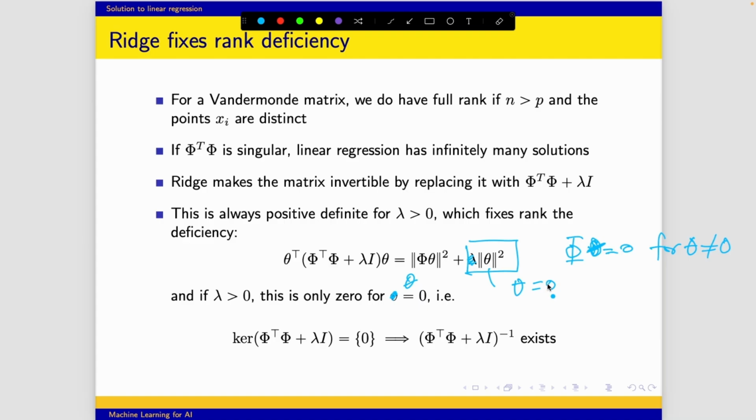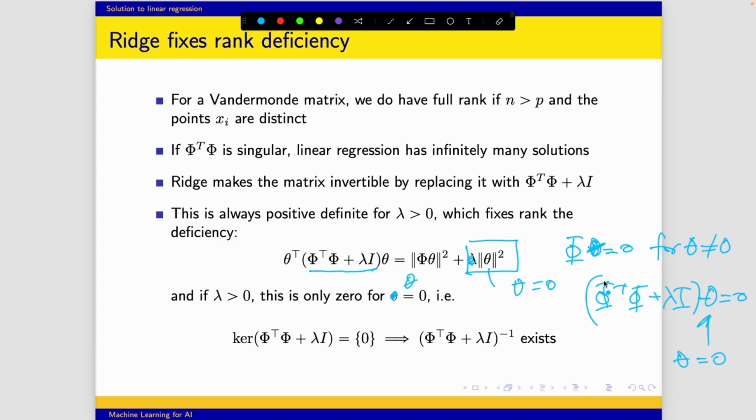And so what do we conclude? Well, we conclude that the kernel of this matrix is the 0 vector. That's the only vector, theta equals 0, such that phi transpose phi plus lambda I times theta equals 0. There is no other theta for which that's true.